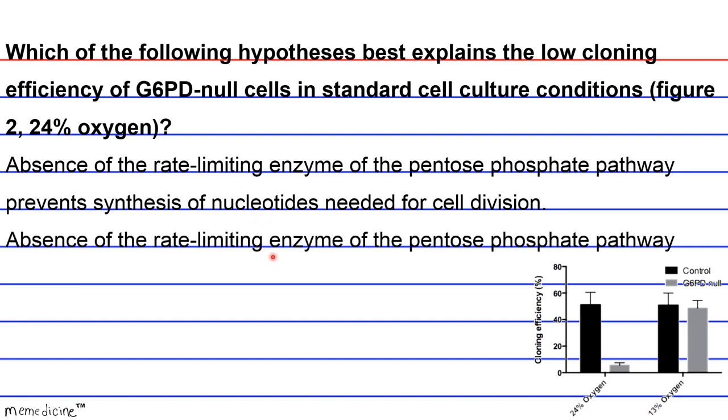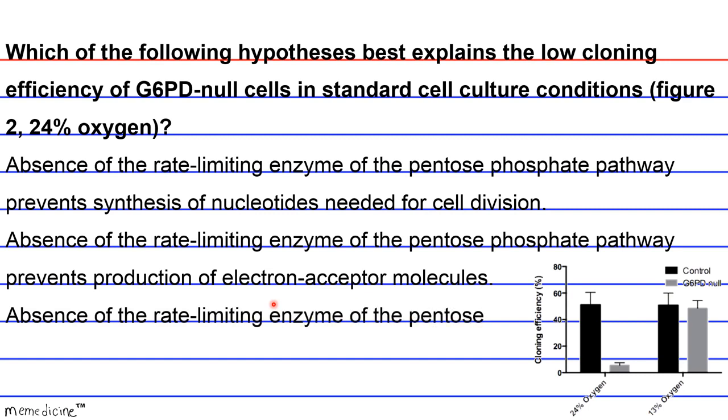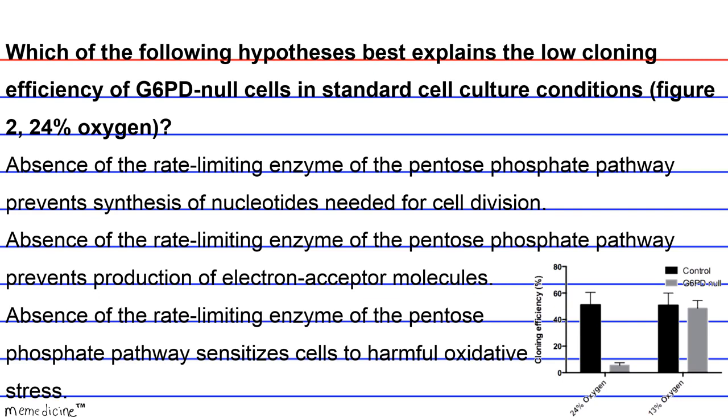Is it going to be B, absence of the rate-limiting enzyme of the pentose phosphate pathway prevents production of electron acceptor molecules? Or is it C, absence of the rate-limiting enzyme of the pentose phosphate pathway sensitizes cells to harmful oxidative stress? I'll give you a moment to decide.